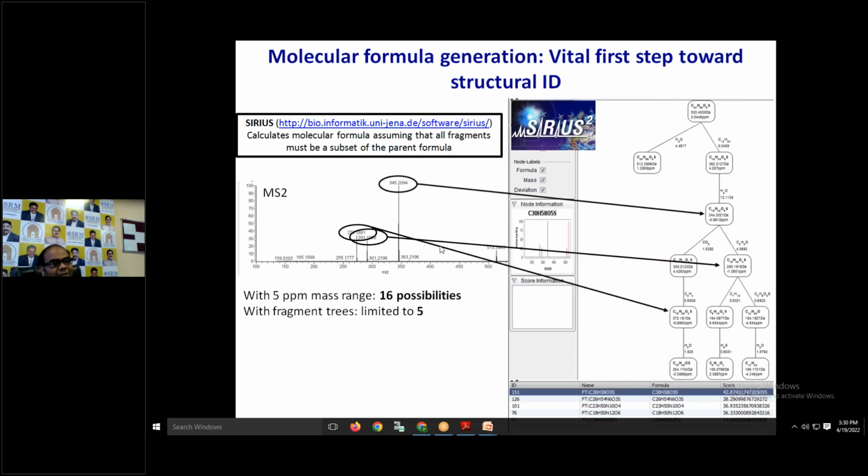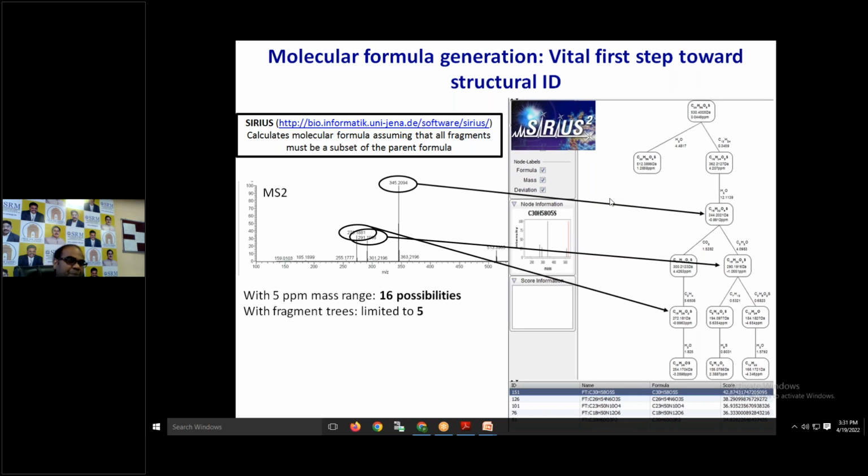From that, we are generating the molecular formula also, depending upon the fragment that is formed. Depending upon the fragment ratio, we are able to know what the parent organic contaminant is. As you can see here, we are correlating with software called SIRIUS. From that, we are able to determine the parent contaminant from the fragment, right?